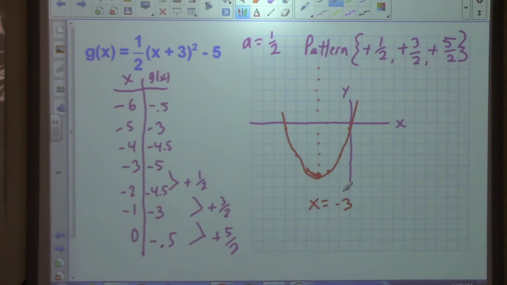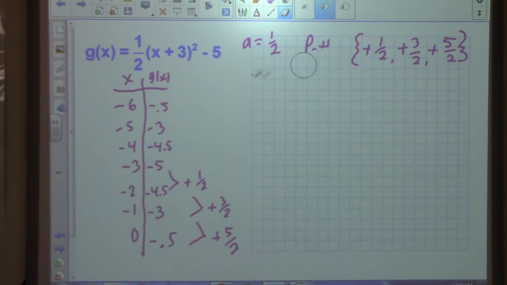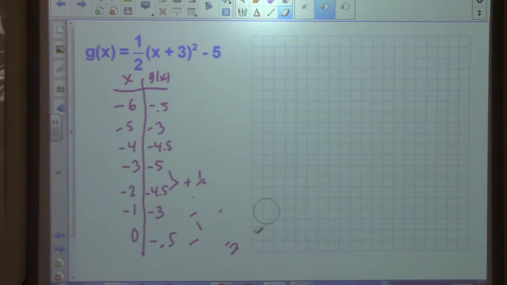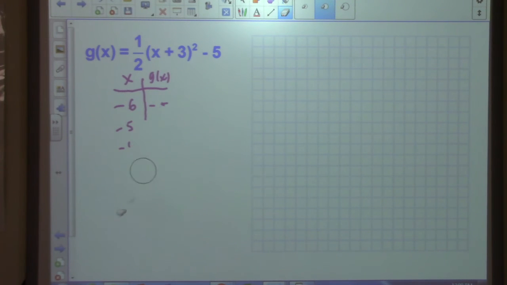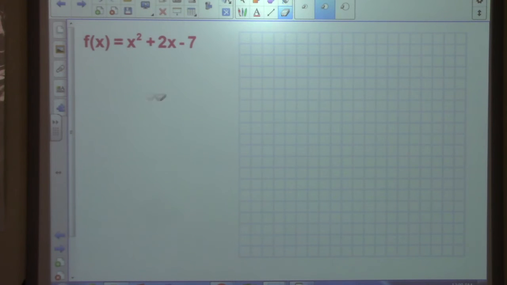Okay, we're going to explore another type of quadratic function, and we're going to graph from this type of function. What kind of form is this in?